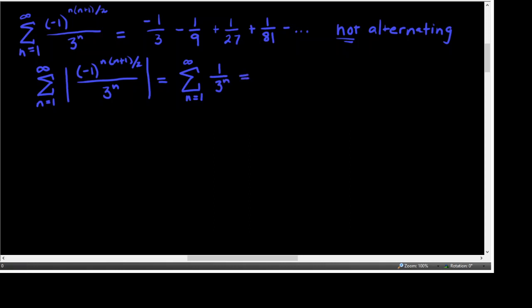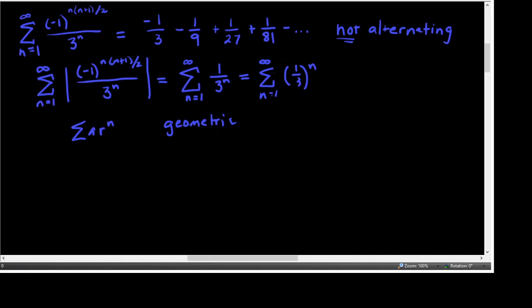And that's writable algebraically in this form, which is a geometric series. Now, I knew that without expanding, because if you recall, the geometric series is of the form sigma a times r to the n or n minus 1, or whatever power it is.